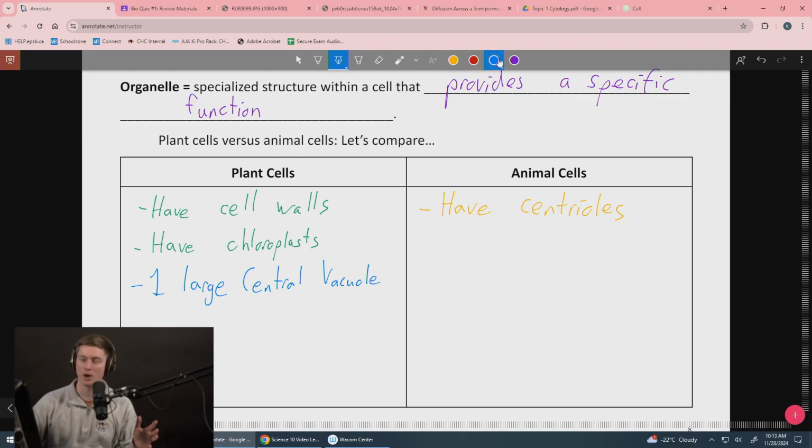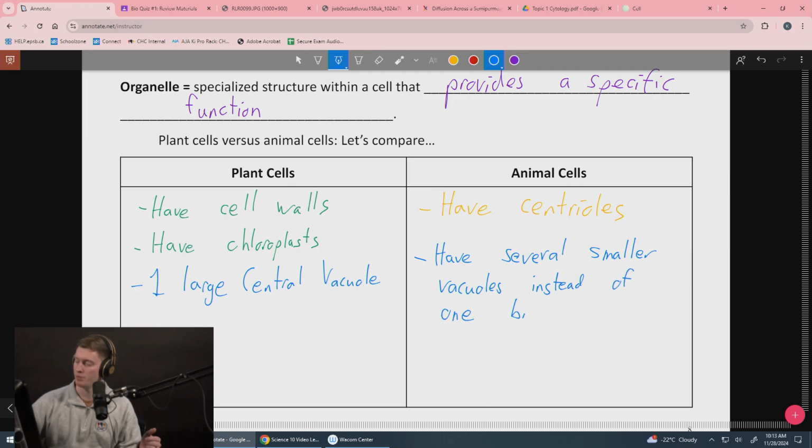And then instead of one large central vacuole, they have several smaller vacuoles. Instead of one big one.